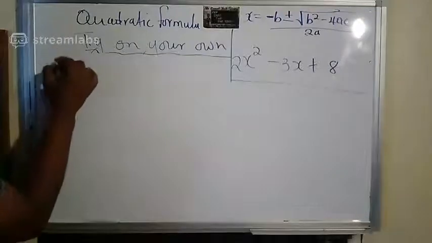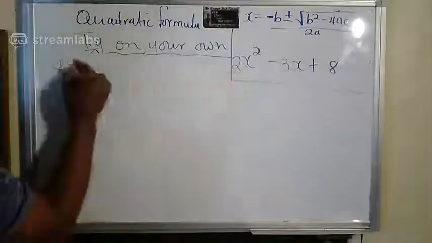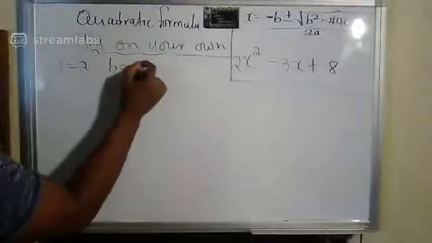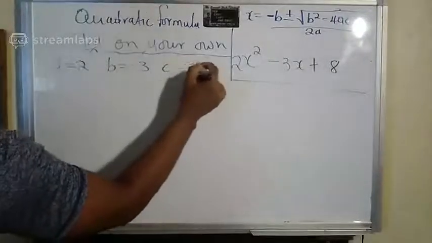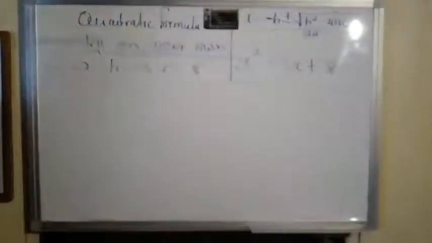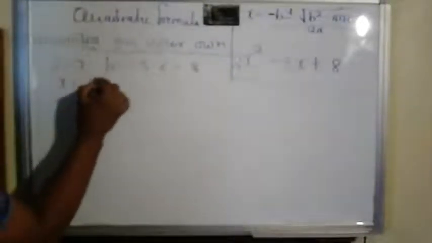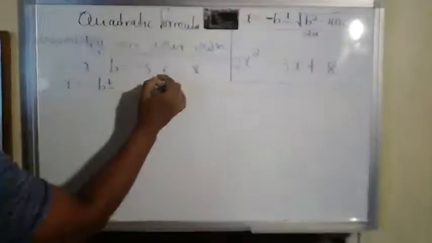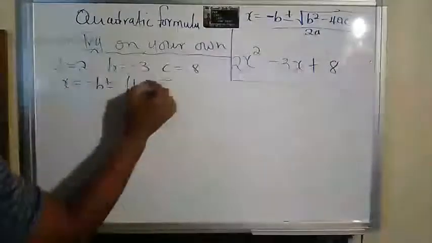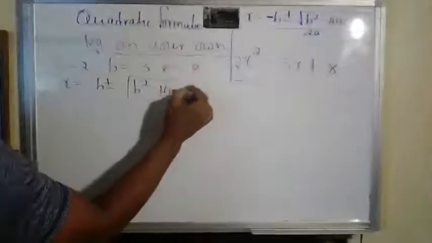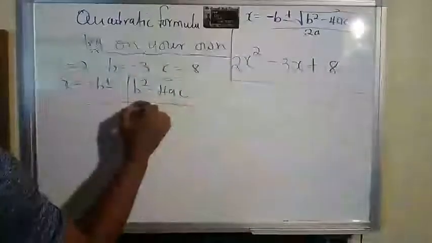Alright, that one here we just have to write the shortcut. A is equal to 2, B is equal to negative 3, and C is equal to 8. Alright, we're going to solve it now. So x is equal to minus b plus or minus the square root of b squared minus 4ac, all divided by 2a.